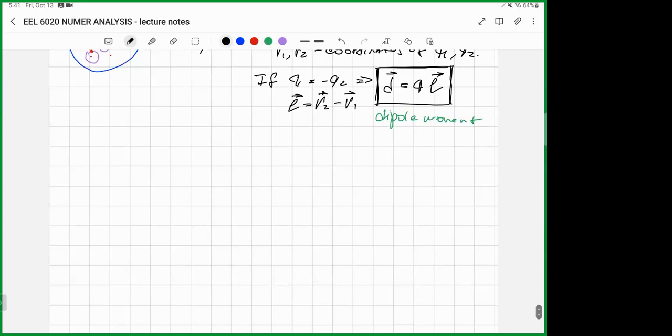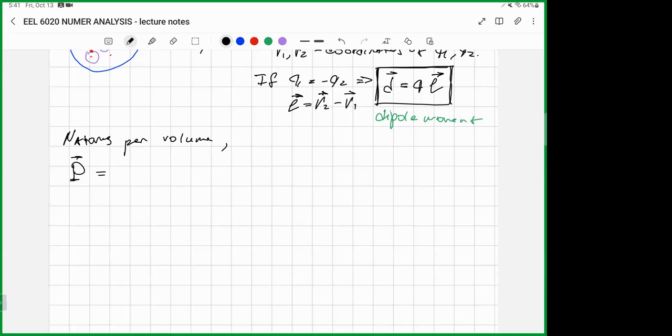So this is about one dipole moment of one atom. What if we have a system of many atoms? Well, if we have a system with n atoms per unit of volume, then the total dipole per the volume unit is known as the polarization vector, denoted by P capital.